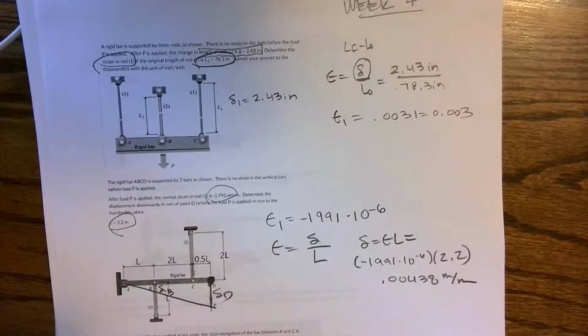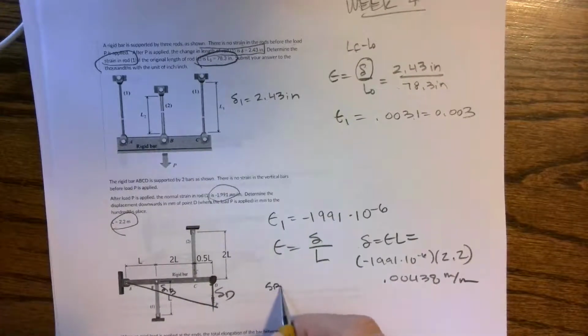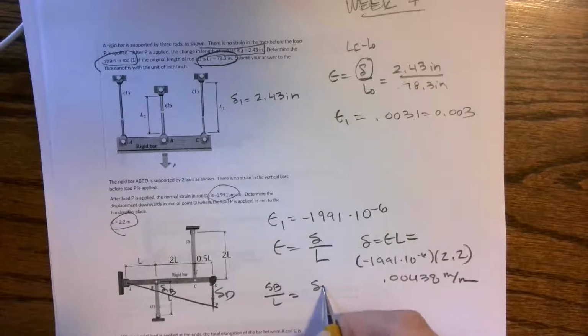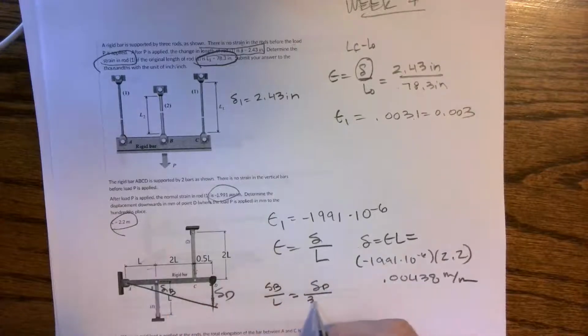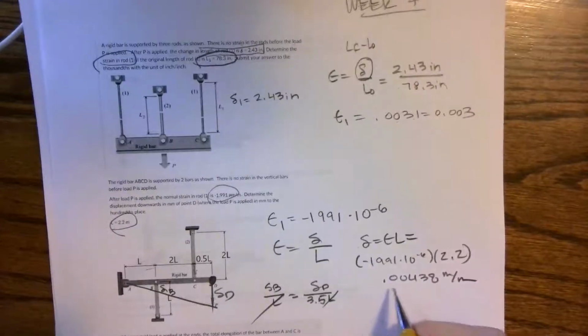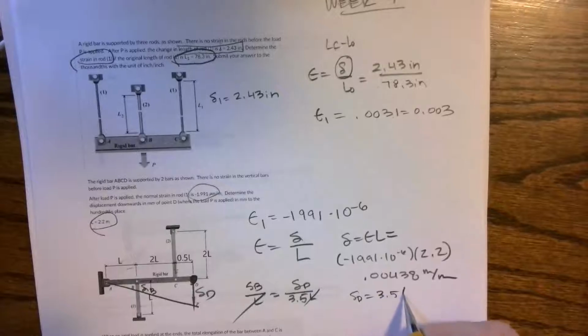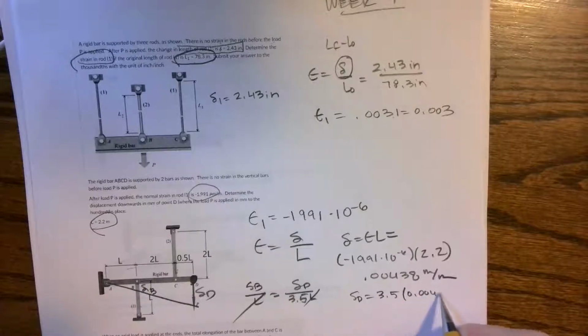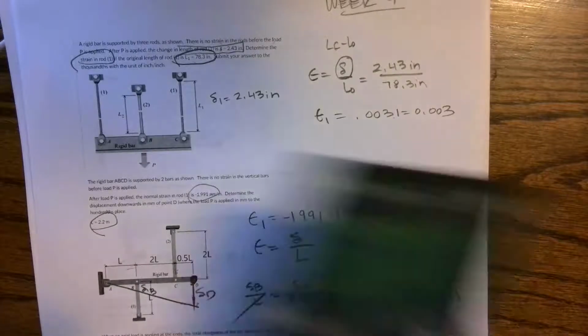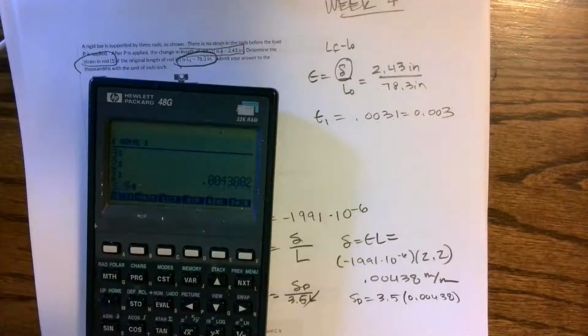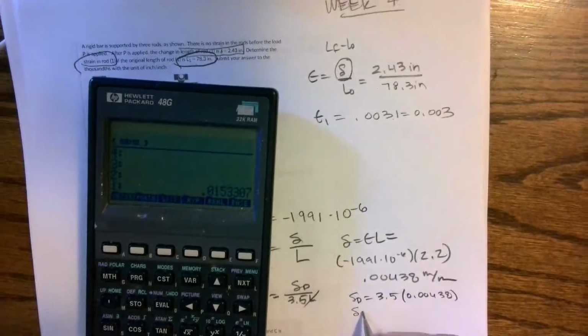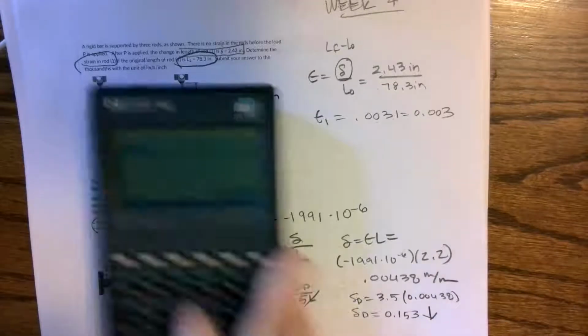Now I want to find delta at D. So I have delta at B is to L as delta at D is to 3.5 L, and the L's go away. So my delta D is 3.5 times 0.00438, so I have a delta at D of 0.153 going down.